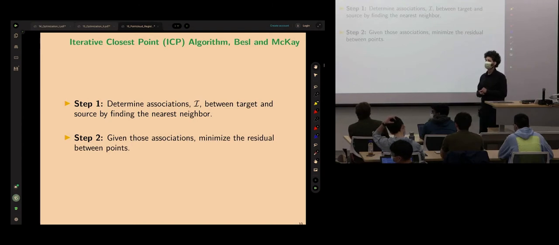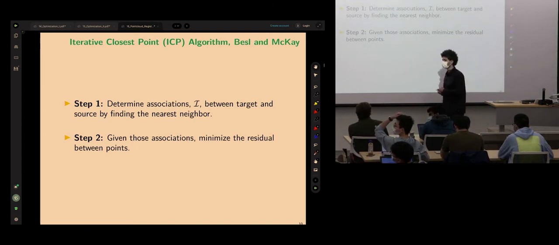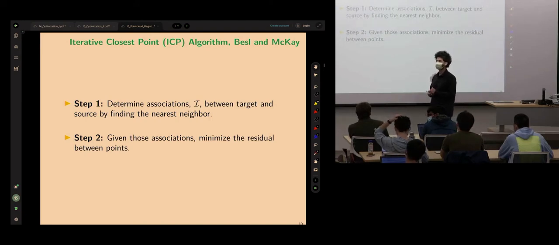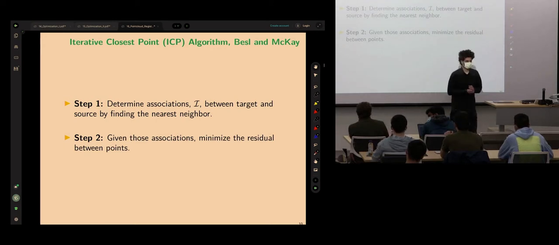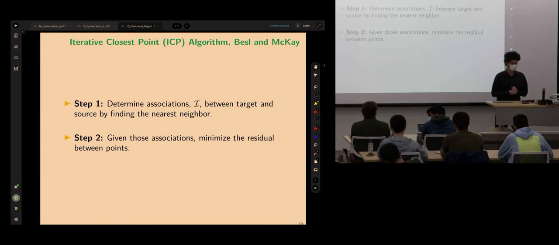I was going to ask if this target point cloud has to be known, like ground truth or a map. Is this a localization problem, or is it a mapping and localization type problem?